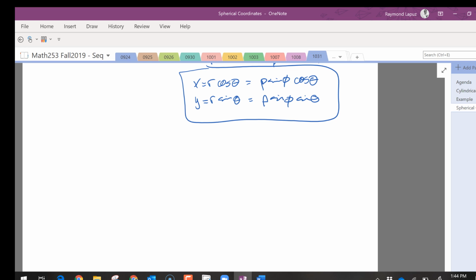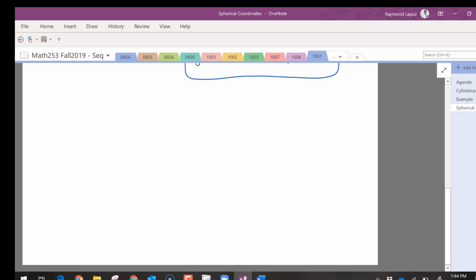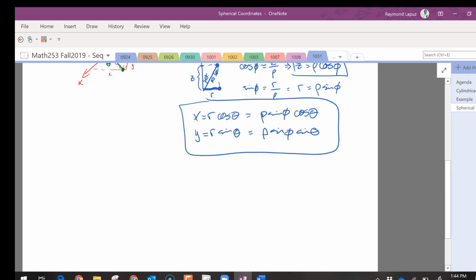Okay, wait. Let's finish this. I guess we're done with this. So let's just do it. Oh, Jacobian. So what we need to do is we need to have a combination of the r, the phi, or rho, phi, and theta.